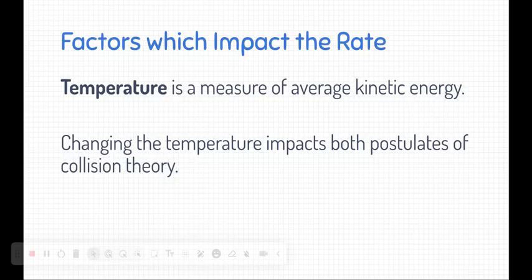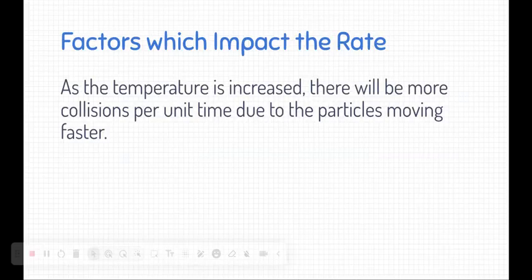So if we change how fast the molecules are moving, which temperature measures, that is going to impact both postulates of collision theory. On one hand, as we increase the temperature, there is going to be simply more collisions per unit time because the particles are moving faster. They're just going to be encountering each other more often because of their increased speed.